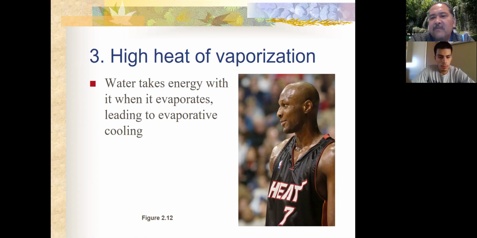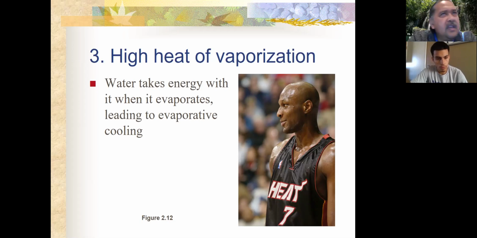Before the game even starts, this guy's sweating it up like this already. That's because he's, like I said, a well-oiled athletic machine. Because when you're sweating, it takes away a lot of energy. When it evaporates, that takes the energy away, and it leads to what we call evaporative cooling.